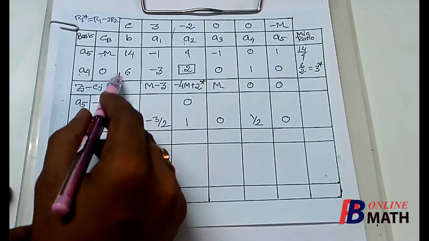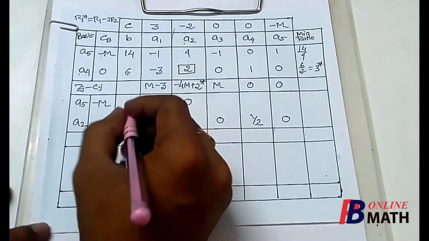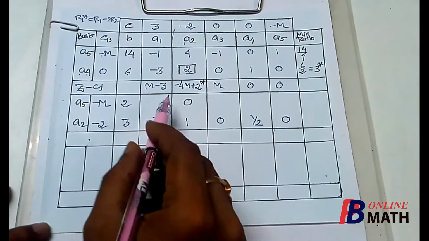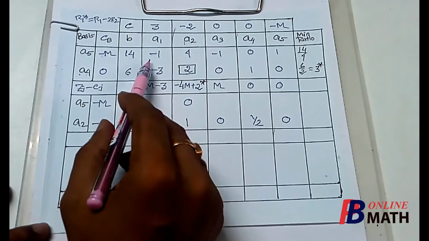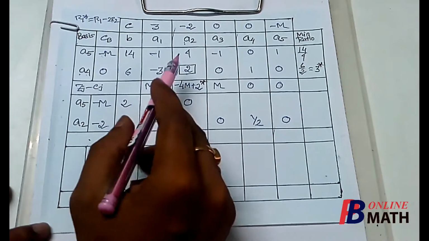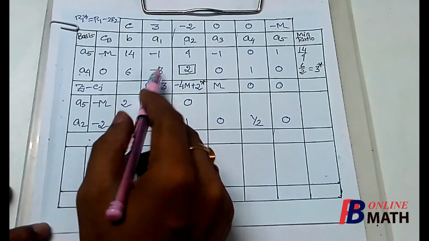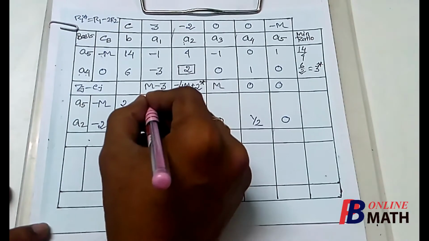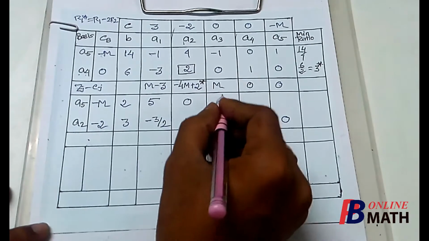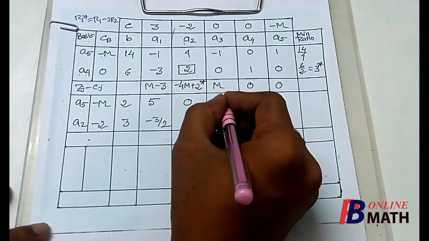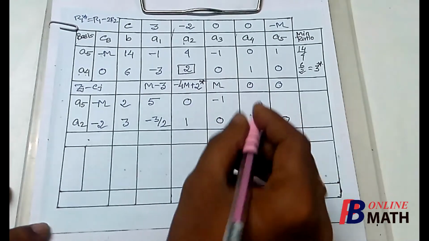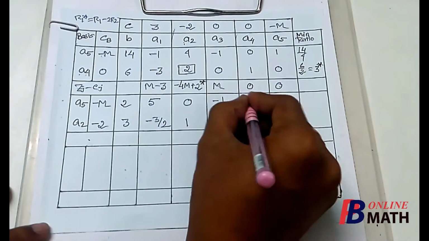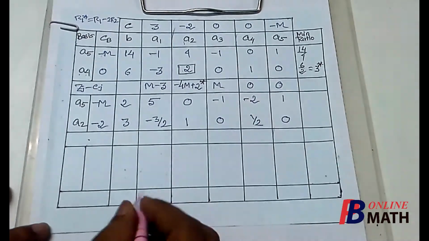This one will be 14 minus 2 into 6, so 14 minus 12, which is 2. It will be minus 1 minus of minus 6, so minus 1 plus 6, which is 5. It will be minus 1. It will be 0 minus 2, and it will be 1.